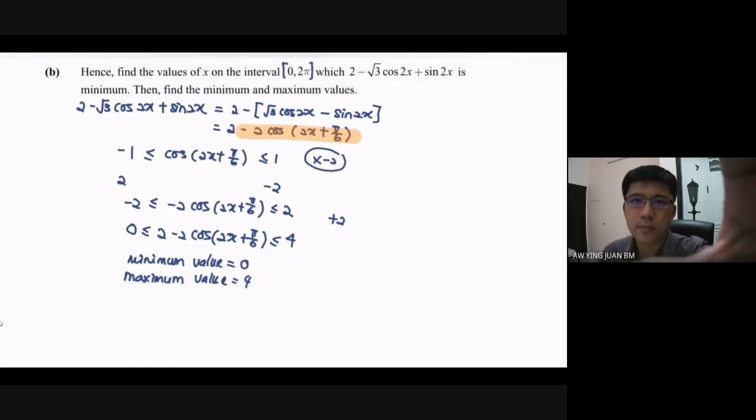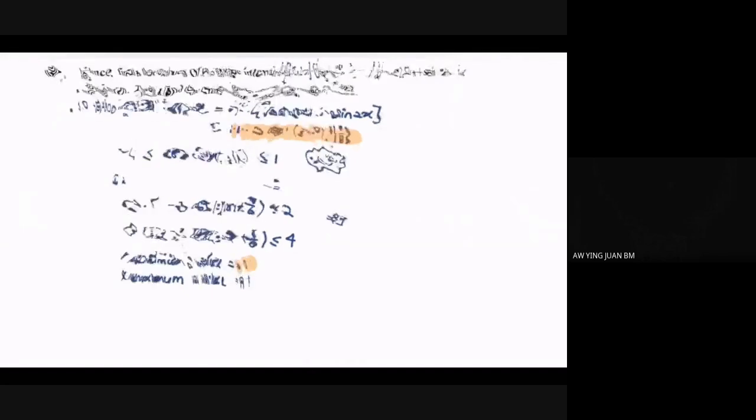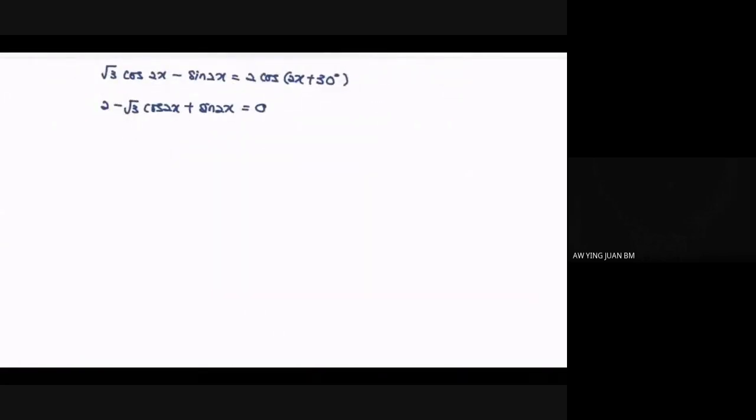We are going to use 0. Given the answer for part A, square root of 3 cos 2x minus sin 2x is equal to 2 cos bracket 2x plus 30 degree or pi over 6. Based on the question in B, we are asked to find the value of x where 2 minus square root of 3 cos 2x plus sin 2x is minimum. So the answer equals 0.